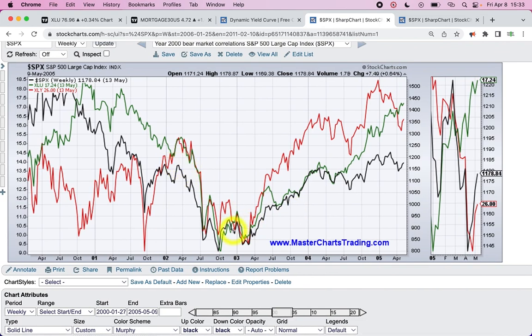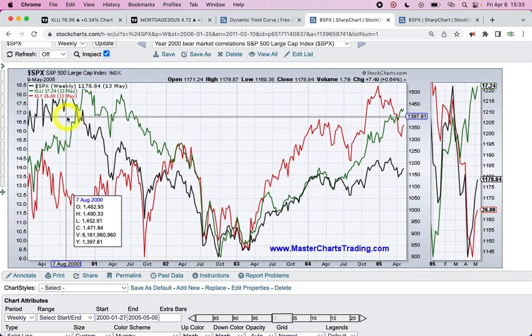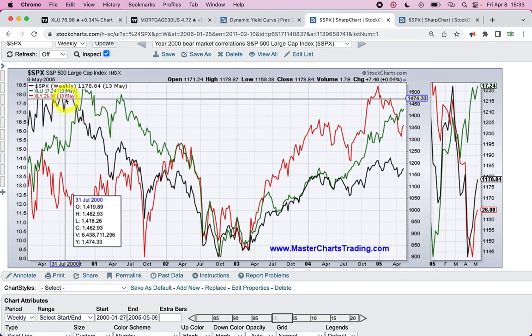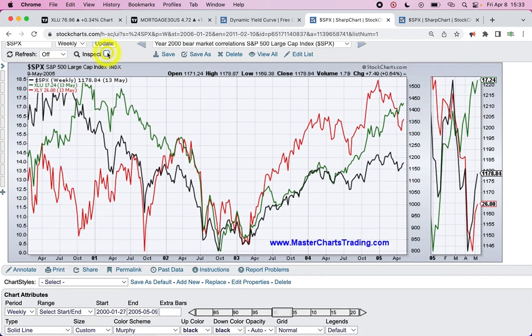And here's the year 2000 bear market that started sometime in 2000 right there. So on this chart, in black is the S&P 500, in green is the utilities, and in red is the XLY, consumer discretionary.